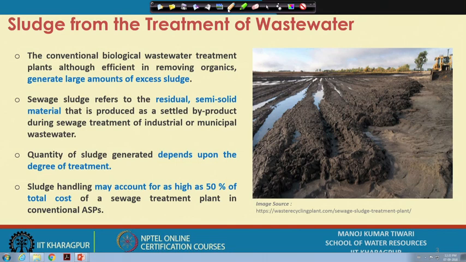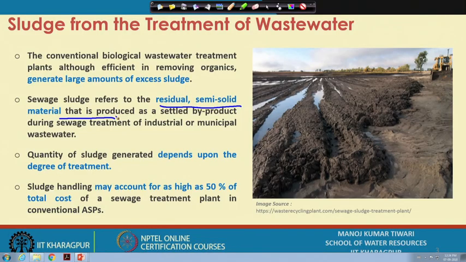So, sewage sludge typically refers to this residual semi-solid material. We are saying solid, but in order to process that solid, in order to let it flow out of the treatment reactors, the solids are actually present in a wet condition.